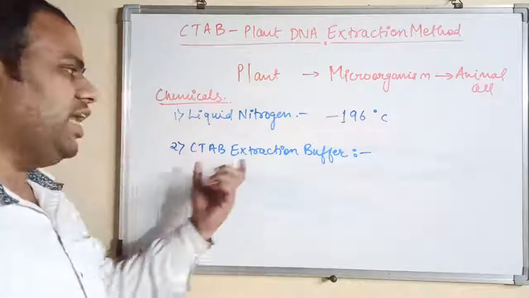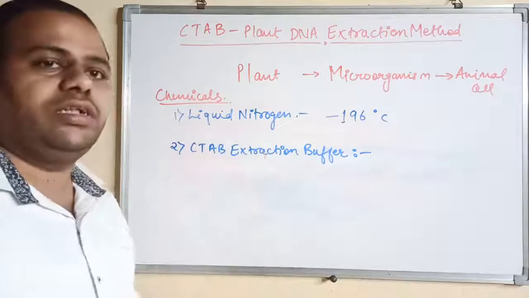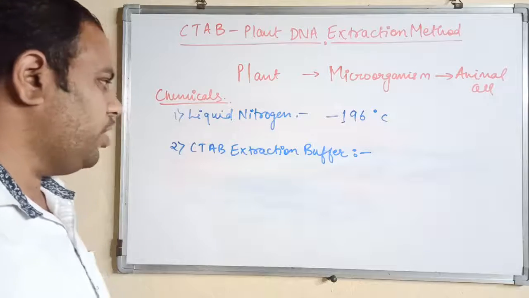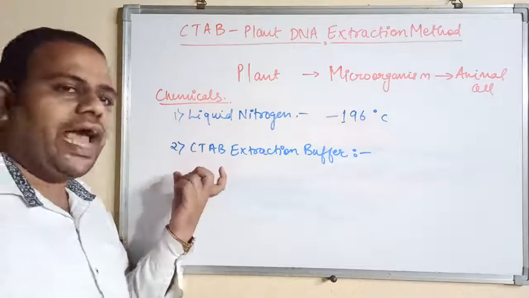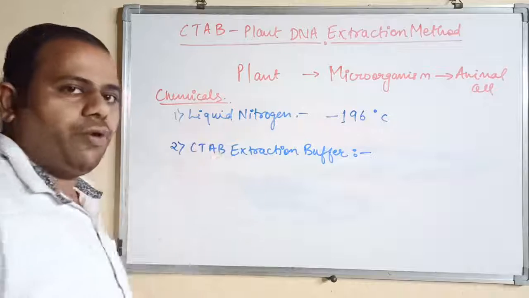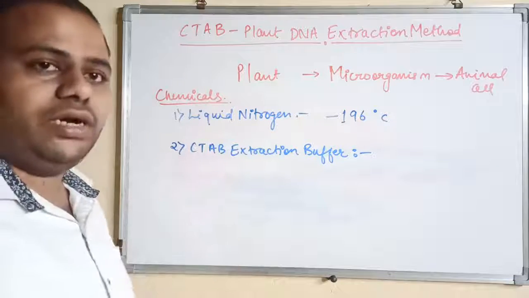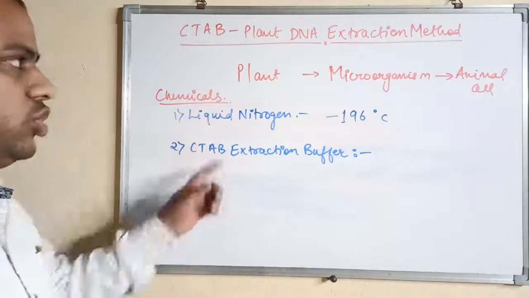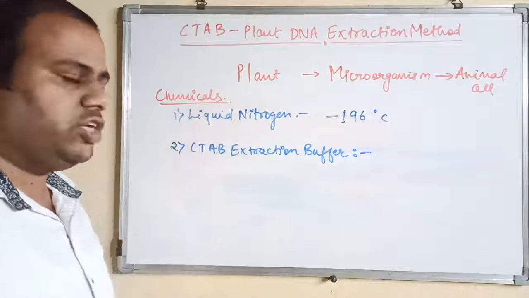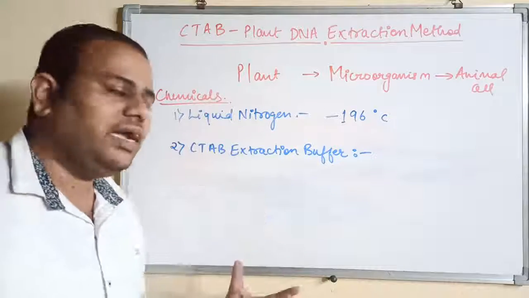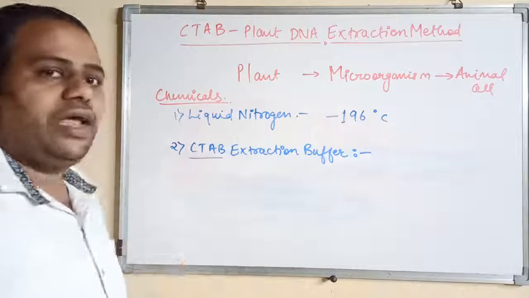The CTAB extraction buffer has a number of chemicals mixed together. The first and foremost is the cationic detergent, that is CTAB. This CTAB detergent is very important in plant DNA extraction, because the cell wall of the plant cell is dissolved by this cationic detergent.